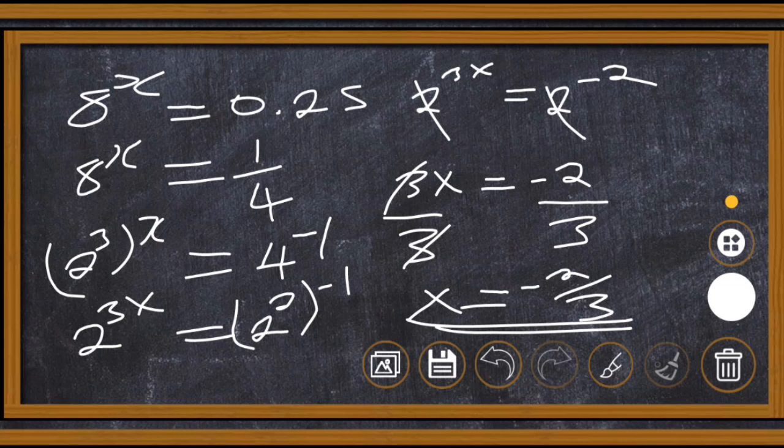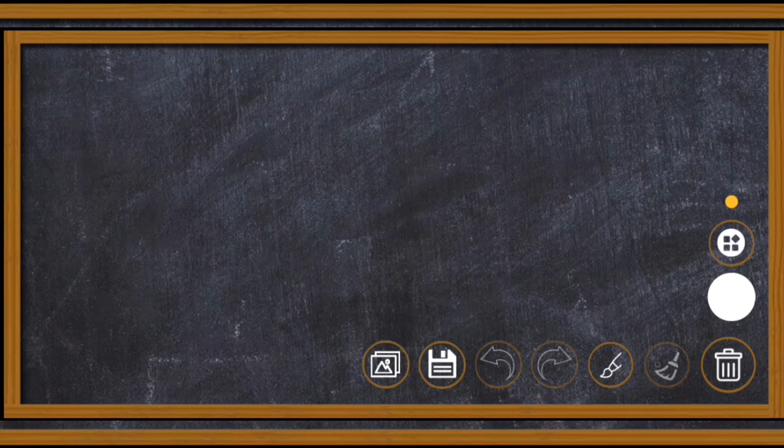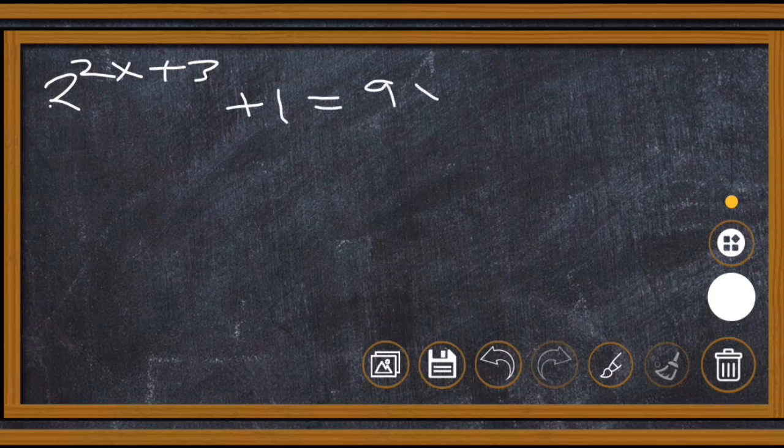So let's look at quite complicated questions. Let's say, how can you solve this? Let's say you have 2 power 2x, then plus 3, then plus 1, and this equals to 9 multiplied by 2 power x. So how can we solve the value of x for such an expression?